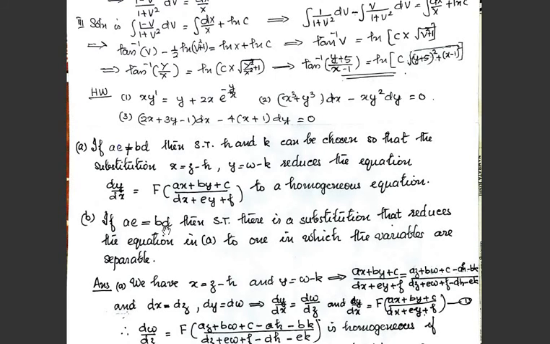if ae equal to bd, then show that there is a substitution that reduces the equation to one in which the variables are separable. So if this quantity is equal, then this expression becomes variable separable.